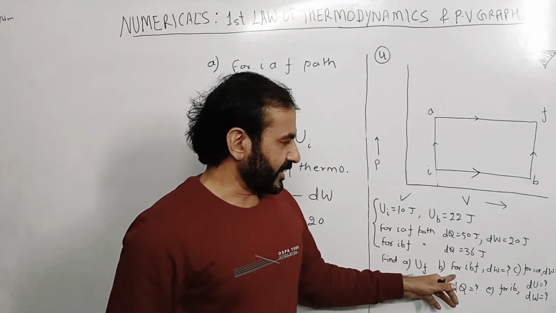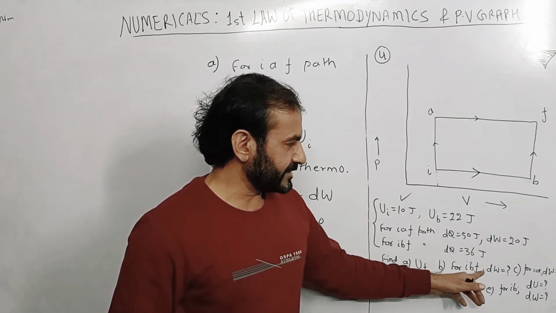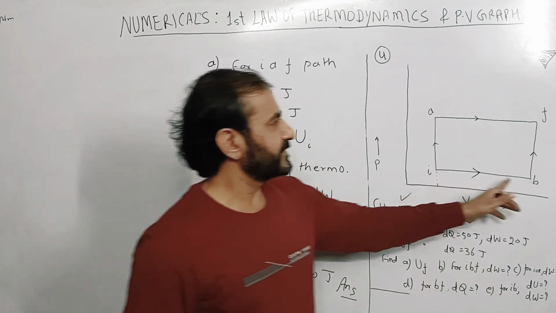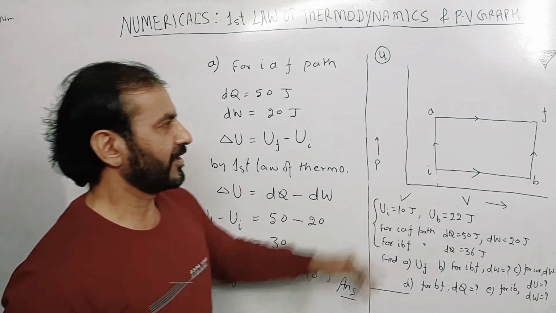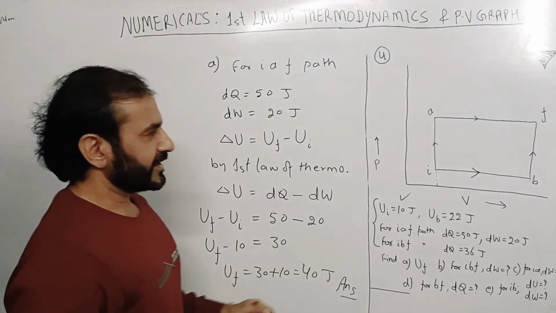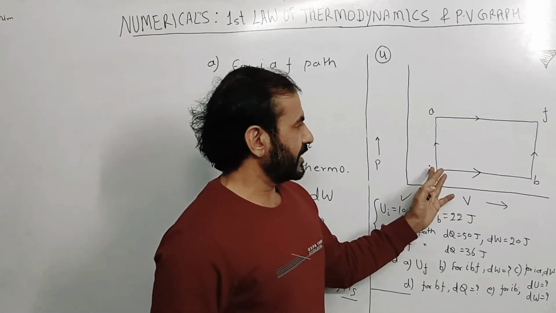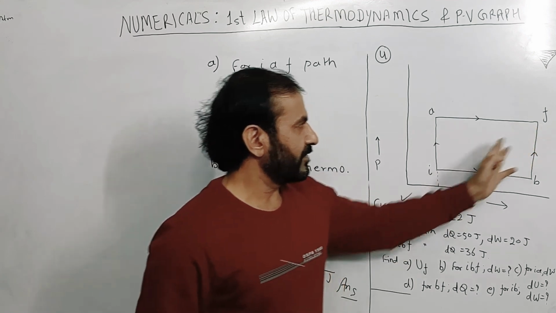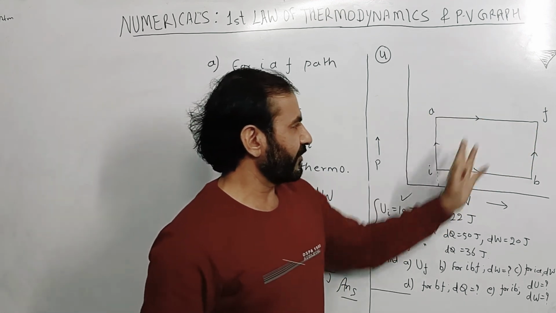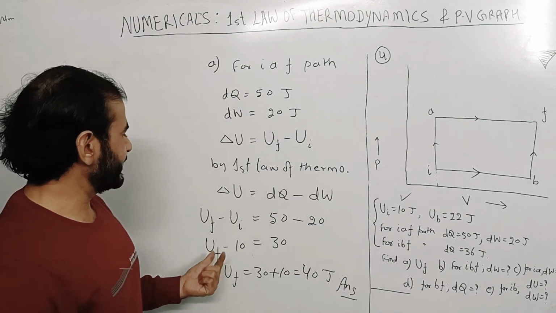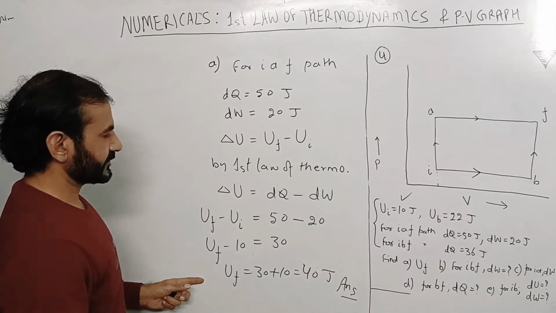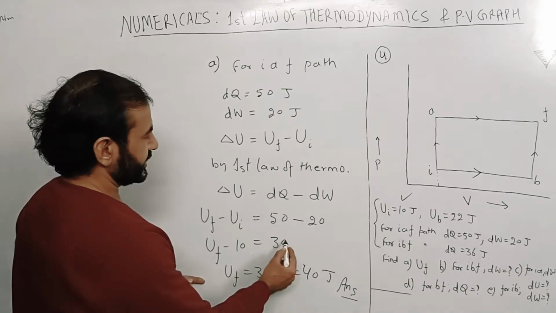Now second part, for the IBF path you have to find dW. See how. Delta U for I and F, either going via IAF or via IBF, will be the same. And how much is delta U? It is 30.